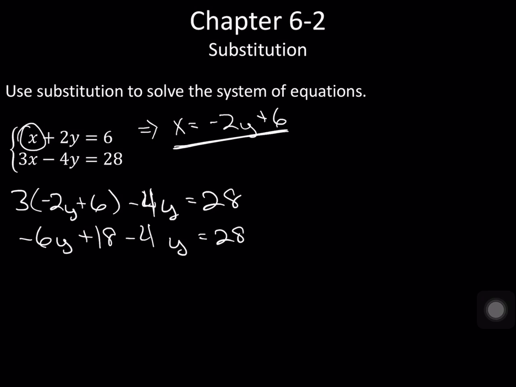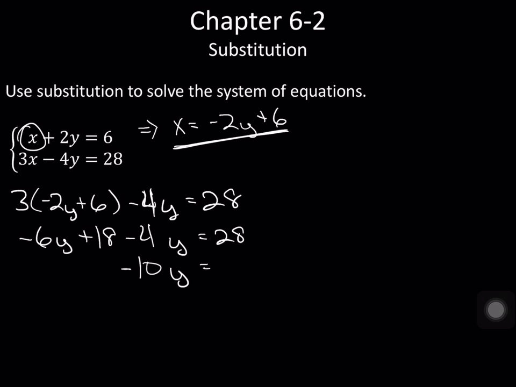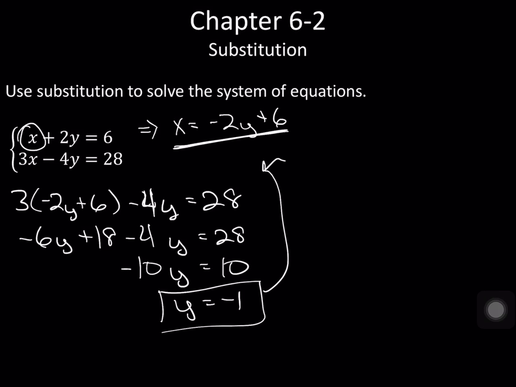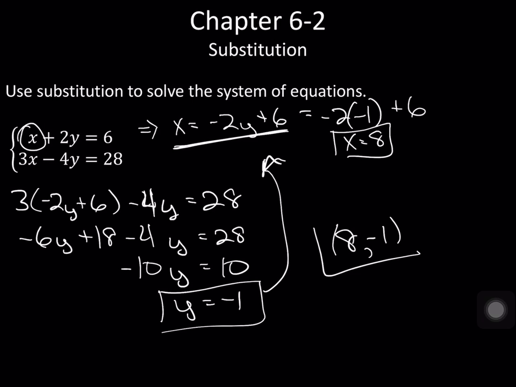Right, I can get the y by itself, add them together, subtract the 18, and y equals -1, which is part of my solution. I take that y all the way back up to one of these other equations and substitute it in. And so we've got -2 times y. And so we find out that x equals 8. And so that's our ordered pair, 8, -1.